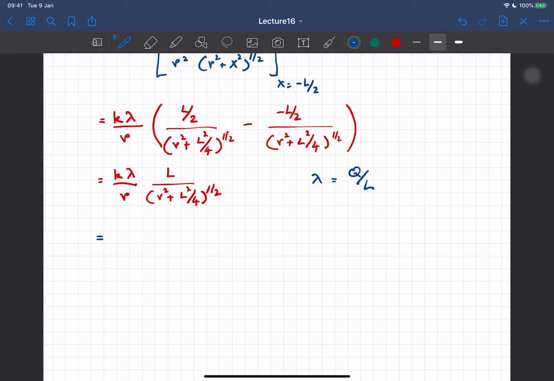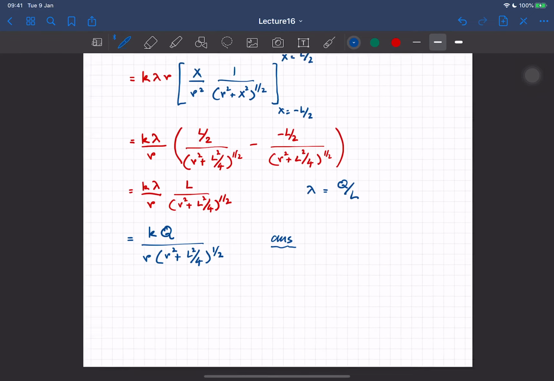So you have k, Q, and then L. This L here will cancel with this L. So we're going to have kQ divided by r times r square plus L square over 4, to the 1/2, like this. So this is the answer.